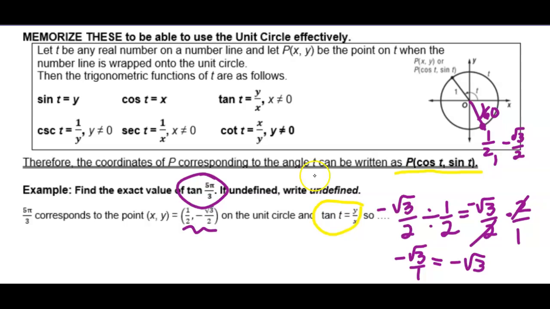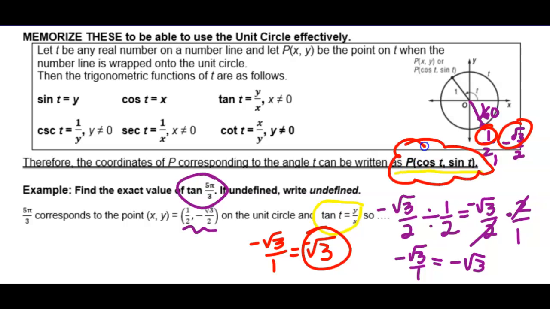So I really want you to learn that when you're doing tangent, it's just this y over this x, the top. Negative square root of 3 over 1, so we get negative square root of 3. So much faster than worrying about all this. All right, the denominators will always cancel. And here, remember, it's cosine, sine.